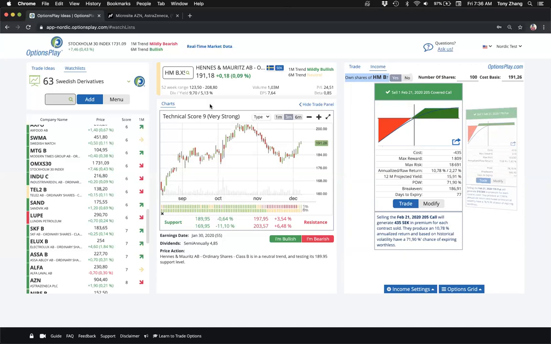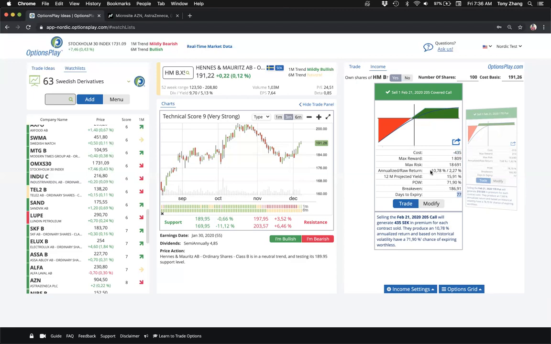H&M pays a semi-annual dividend of 4.85 crowns, an annual dividend of roughly 9.7. And as you can see here, this will generate 435 crowns in income for every 100 shares in just 77 days.